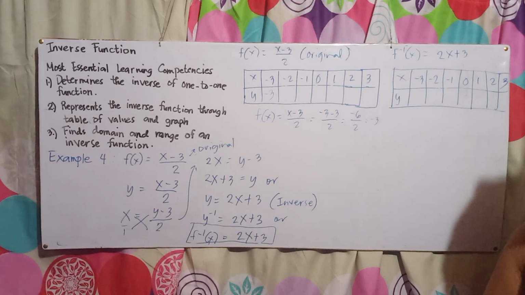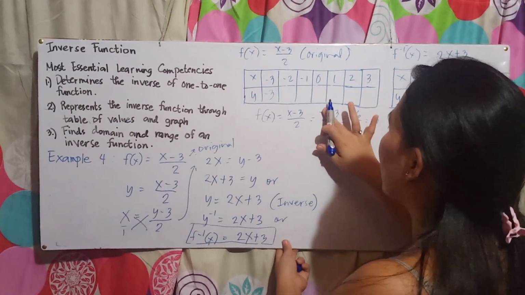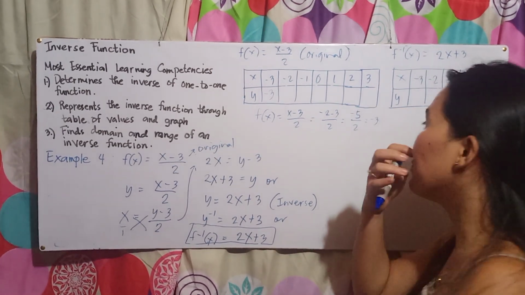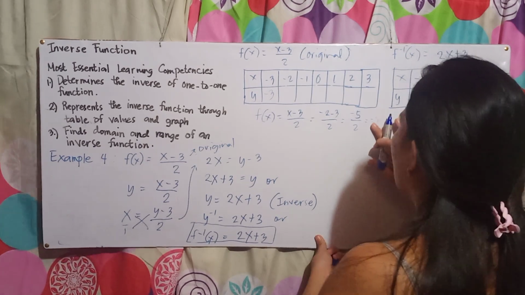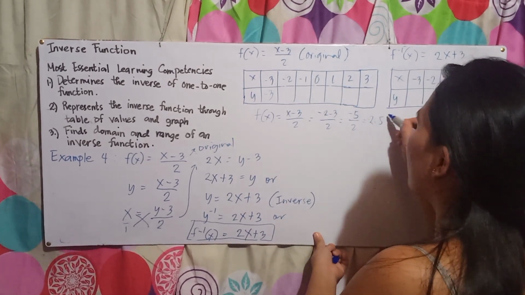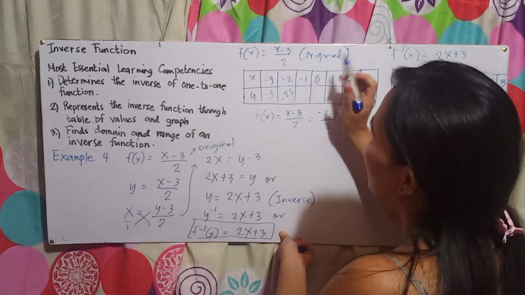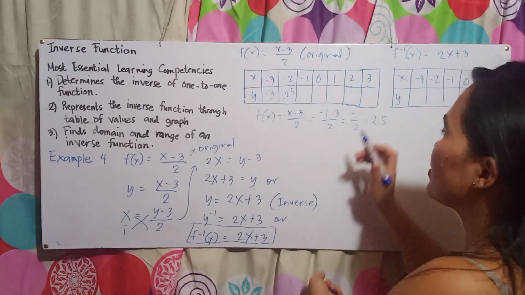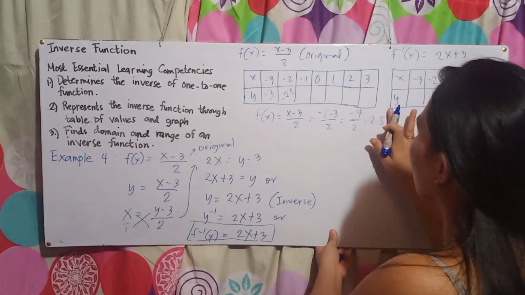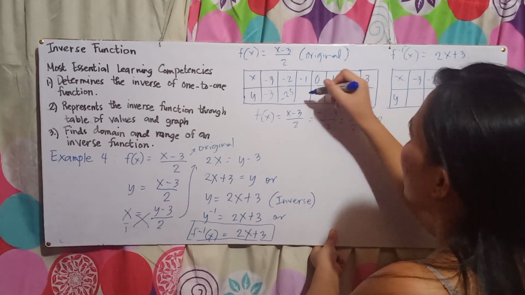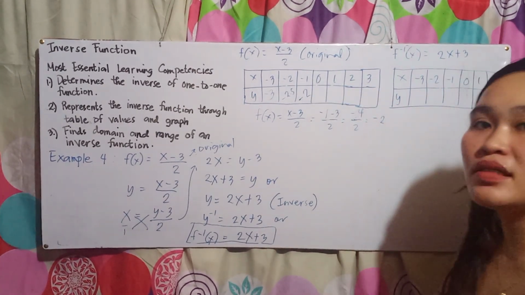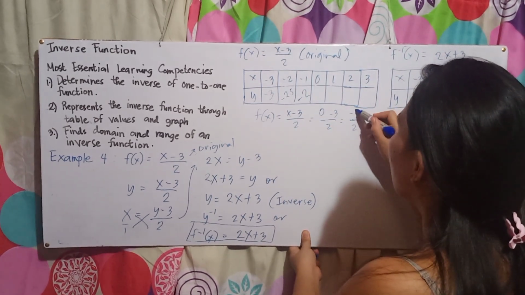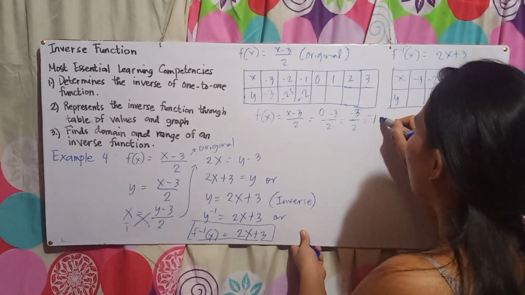If negative 2, negative 2 minus 3 is negative 5. Negative 5 divided by 2 is negative 2.5. If negative 1, negative 1 minus 3, same signs, so negative 4. Negative 4 divided by 2 is negative 2. Next is 0. 0 minus 3 is negative 3, divided by 2, so negative 1.5.